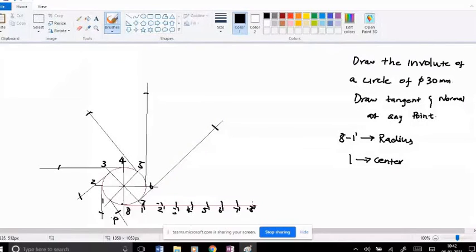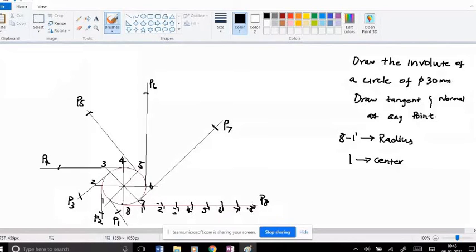This is my P1, P2, P3, P4, P5, P6, P7, and finally the P8 point will be the 8 dash point. That will be P8.